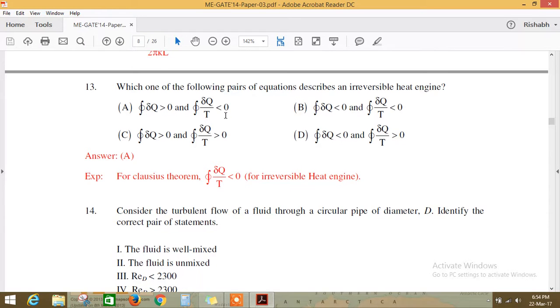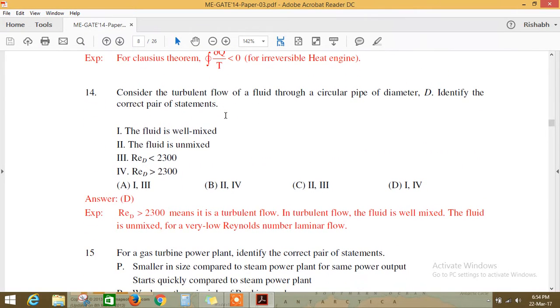Okay, now let's see another question. Consider the turbulent flow of a fluid through a circular pipe of diameter d. Identify the correct pair of statements. The fluid is well mixed, the fluid is unmixed, Reynolds number is less than 2300, Reynolds number is greater than 2300.